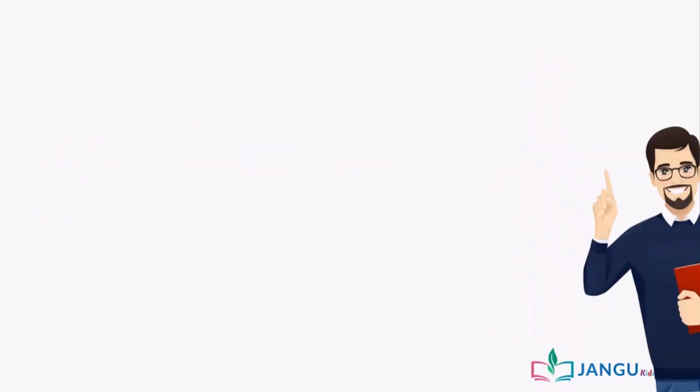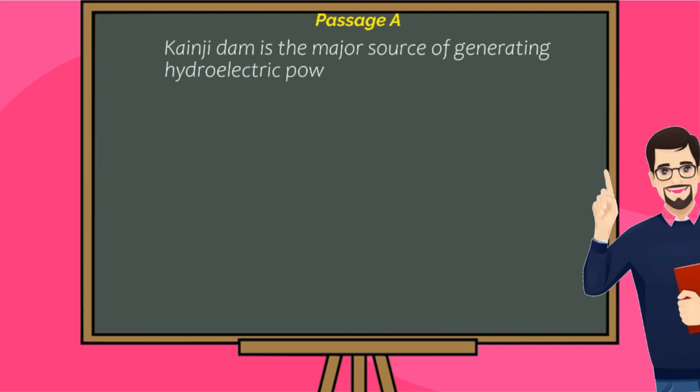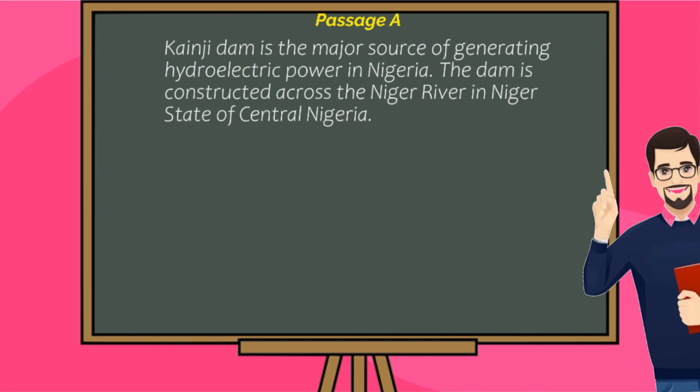Now, let's look at two short passages about the Kanji Dam and see if we can pick out which one is read with active voice or in passive voice. Passage A. Kanji Dam is the major source of generating hydroelectric power in Nigeria. The dam is constructed across the river Niger in Niger State of central Nigeria.